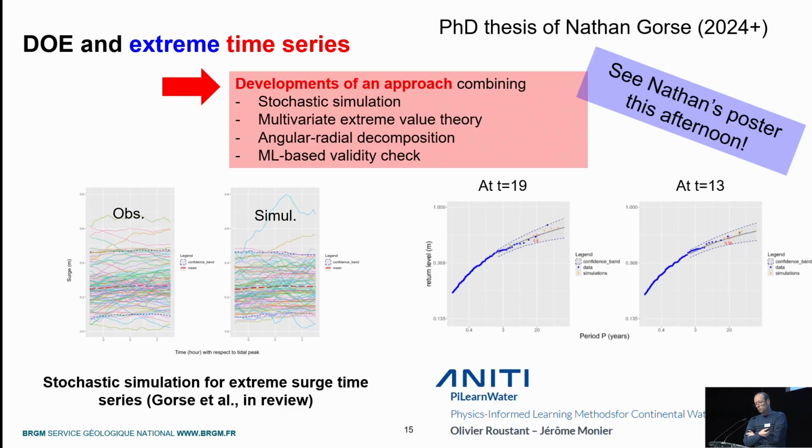Just to illustrate the kind of data he reaches, on the left you have the observation and the stochastic simulation he managed to achieve. And on the right, there is some kind of validation of the extreme character of the stochastic simulation at different time steps. If you need more details, of course, see Nathan's poster this afternoon.